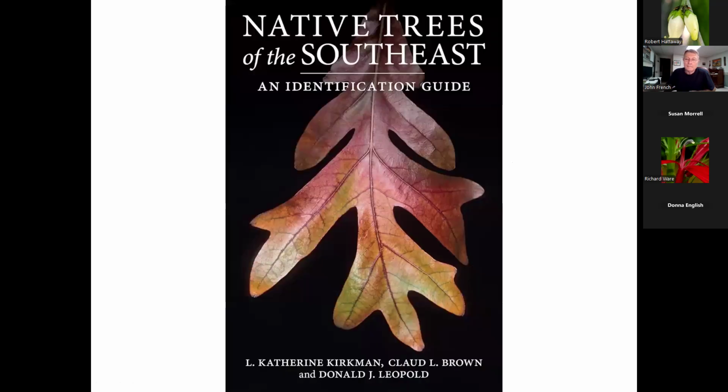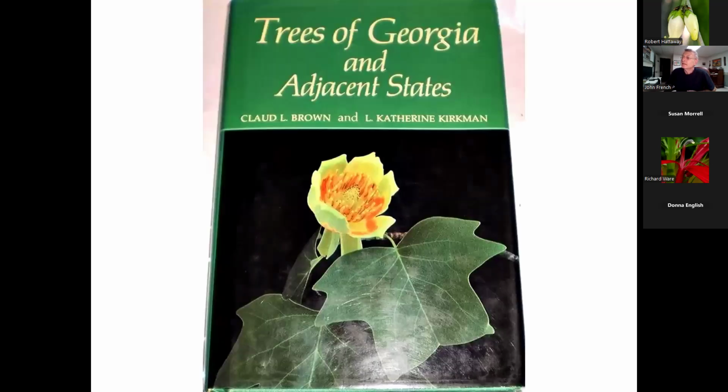Now today, this is the book that he was talking about. This is a newer book, I think he said from 2007. One of the reasons that it's harder to key in this book is because it covers the whole Southeast, so it might include trees that are not found in Georgia. The one that we're actually using is the older book, the Claud Brown and Katherine Kirkman book.